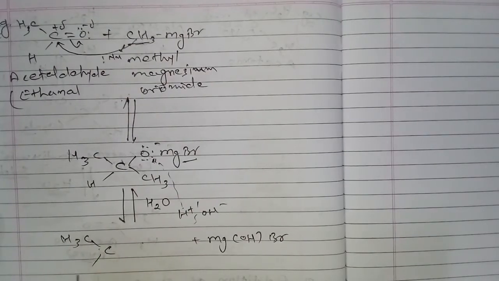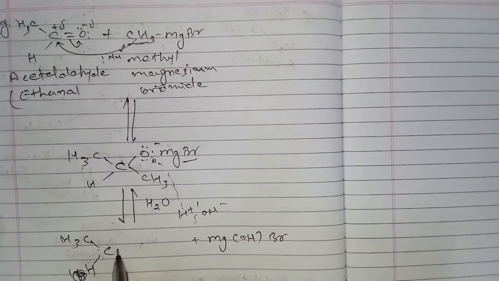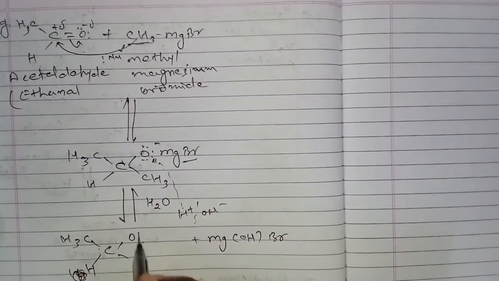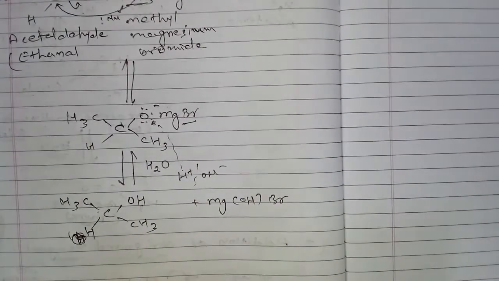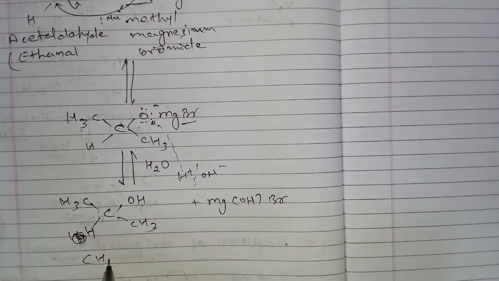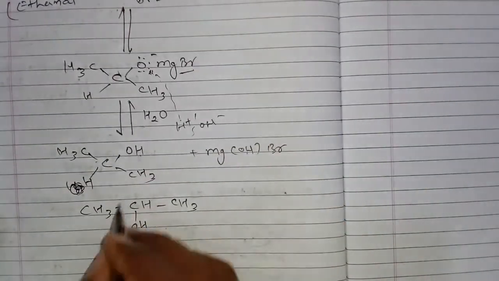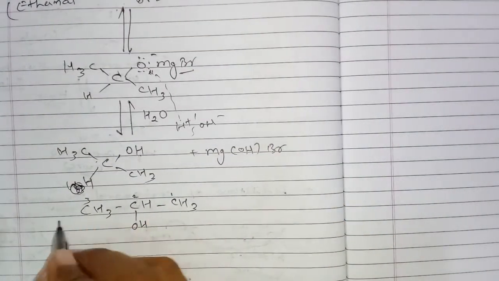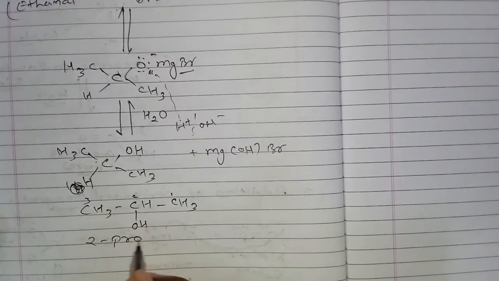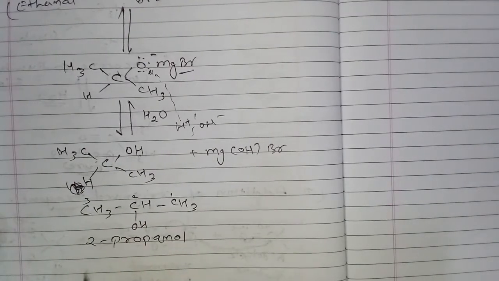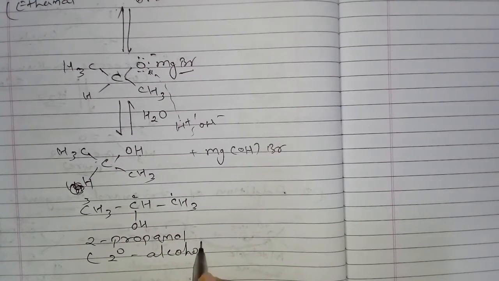CH3, here H, and here OH, and this will be methyl. So its simple form is CH OH CH3. It is named 2-propanol or propan-2-ol, and it is a secondary alcohol.